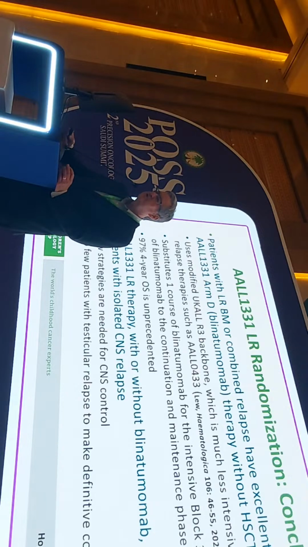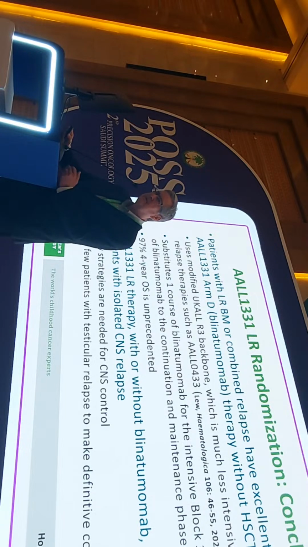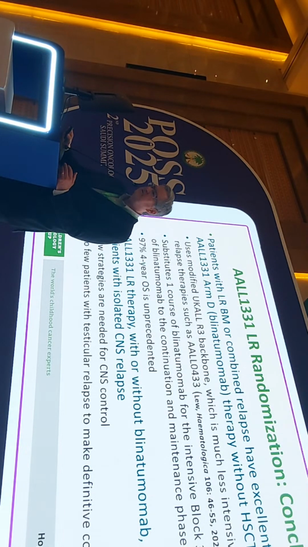So the conclusions we have from this study is that the patients with low-risk bone marrow or combined bone marrow relapse have excellent outcomes with blinatumomab. This uses a modified UKALL R3 backbone with 1 cycle of intensive chemotherapy replaced with blinatumomab and 2 additional cycles of blinatumomab. This is much less intensive than prior chemotherapy that the Children's Oncology Group had used in relapsed ALL.